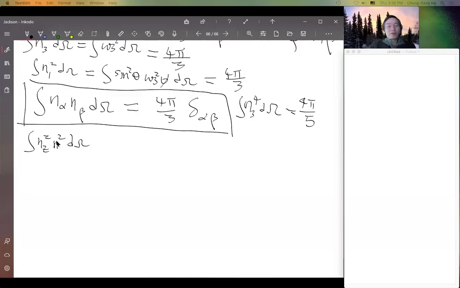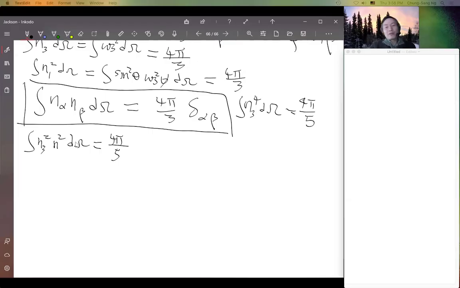But n squared is always 1. n squared is just n1 squared plus n2 squared plus n3 squared, but it combines to 1. So this is exactly what we had before. So this is 4 pi over 5.